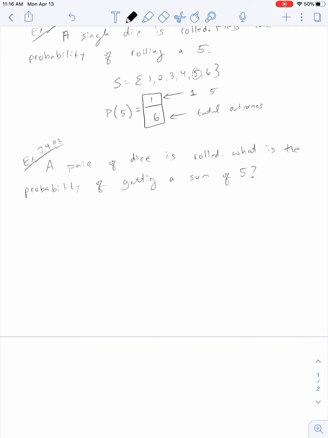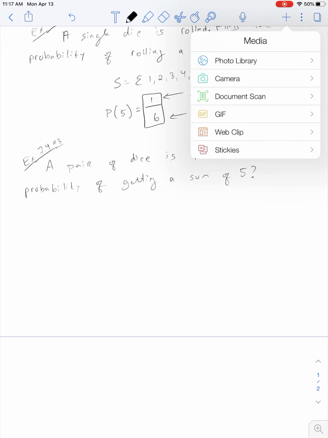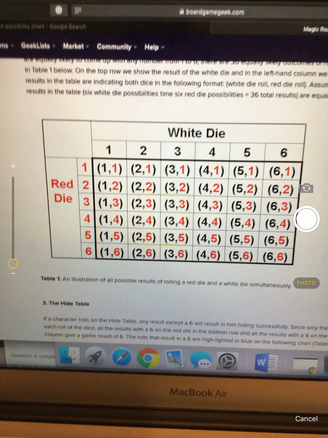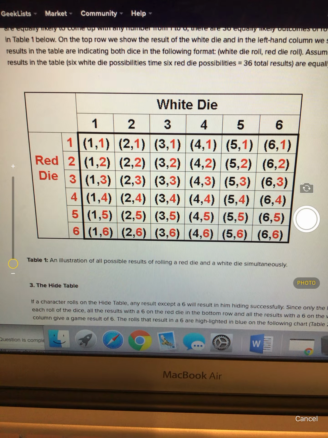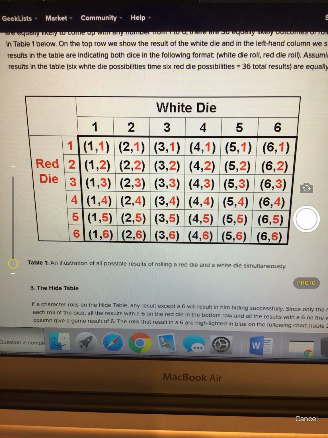So the first thing that we do have to understand is the sample size, right? We need to be able to know how many dice do we have, or how many possible outcomes there are. So I'm going to show this with the little picture here so we can see this. So let me go to my camera. I'm going to have this up on YouTube or on Google.